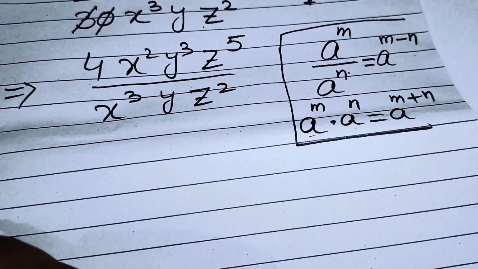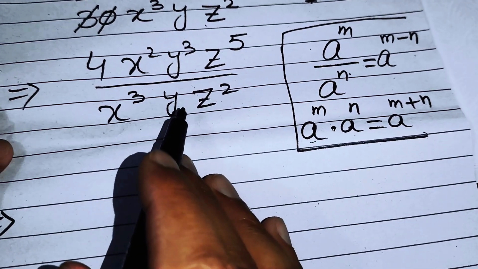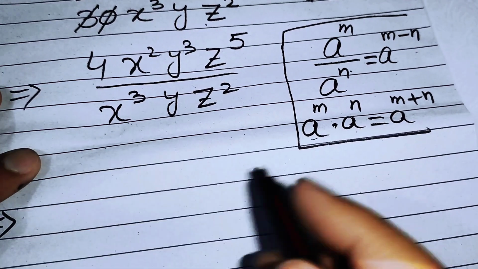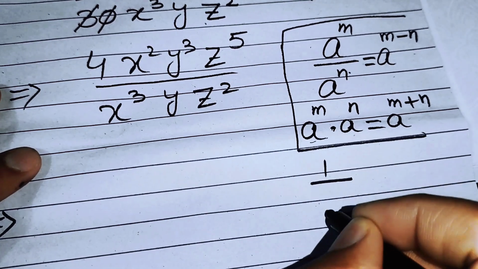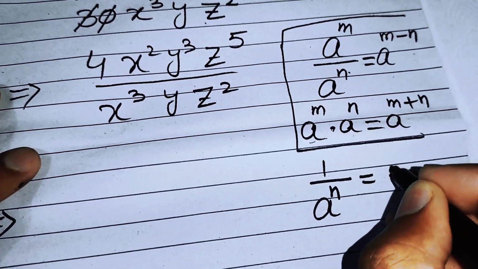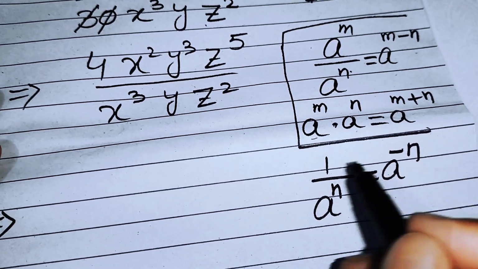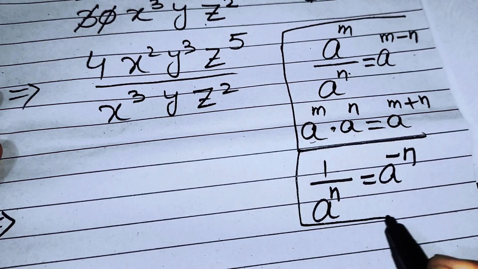Now we move all the terms in the denominator to the numerator. You know that 1 over a to the power of n is equal to a to the power of minus n. First I will apply this exponent law.